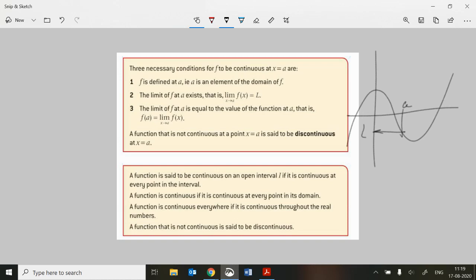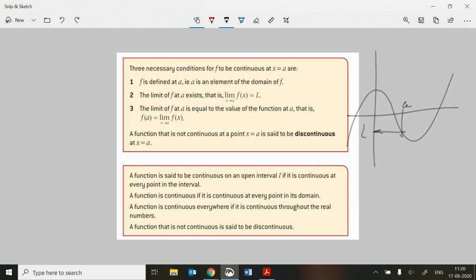So the limit has to exist. That wouldn't exist in the case where I was talking about natural numbers, the domain only existing for natural numbers. It wouldn't exist as a limit from either side coming into that point because there's no definition for the points leading up to it.